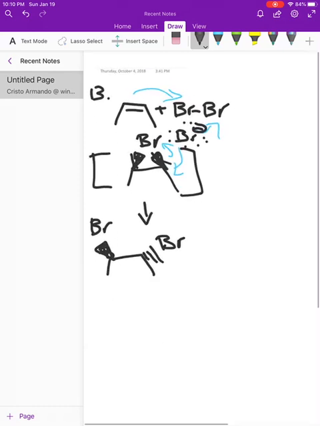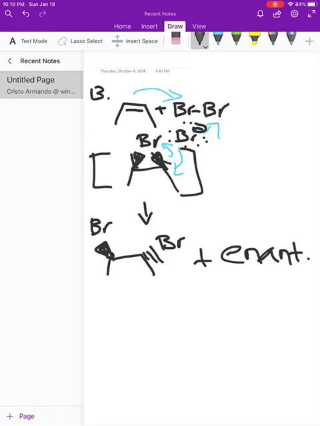Then again, we have this molecule on the left plus its enantiomer, right? So again, I do want to highlight that when you're going to add a halogen to, I'm sorry, well, let's just keep it like that.